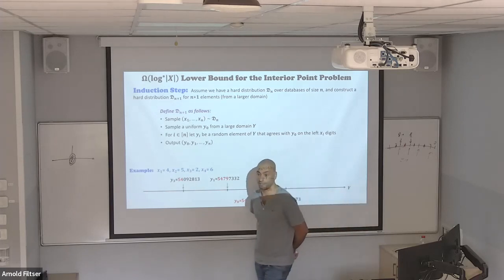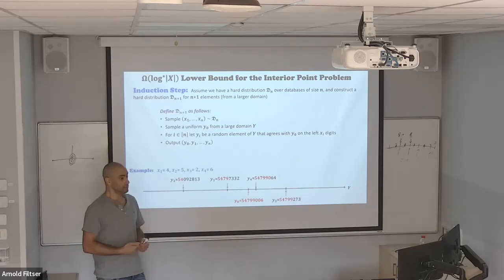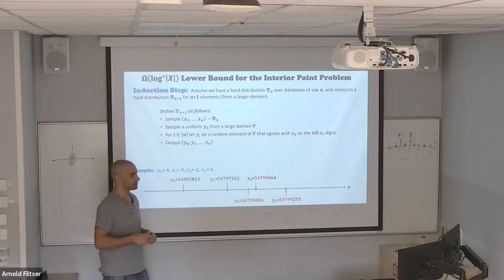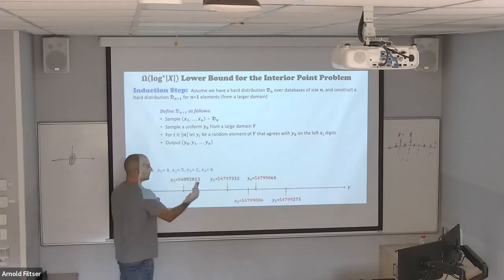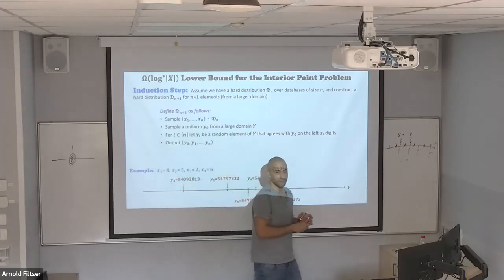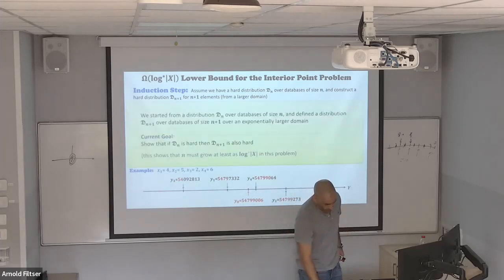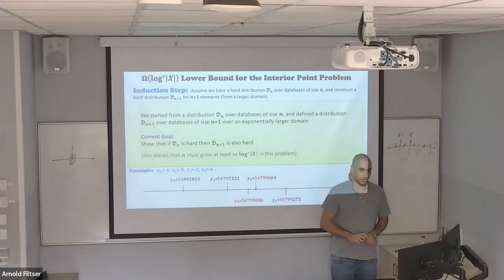That defines a distribution over data sets of size n+1 over a domain which is exponentially larger. The domain has to be exponentially larger because I look at the value of points here, and that's the number of digits in my new domain. So like we said, we started from a hard distribution dn.